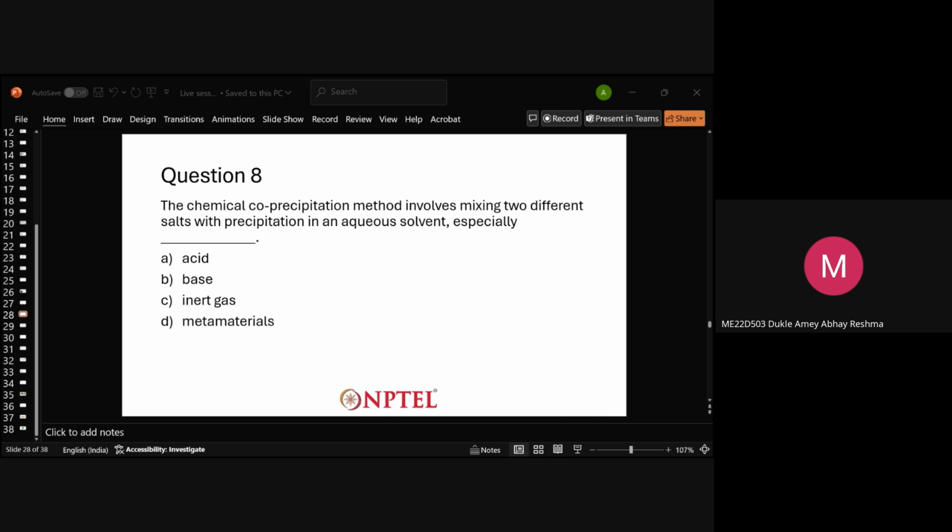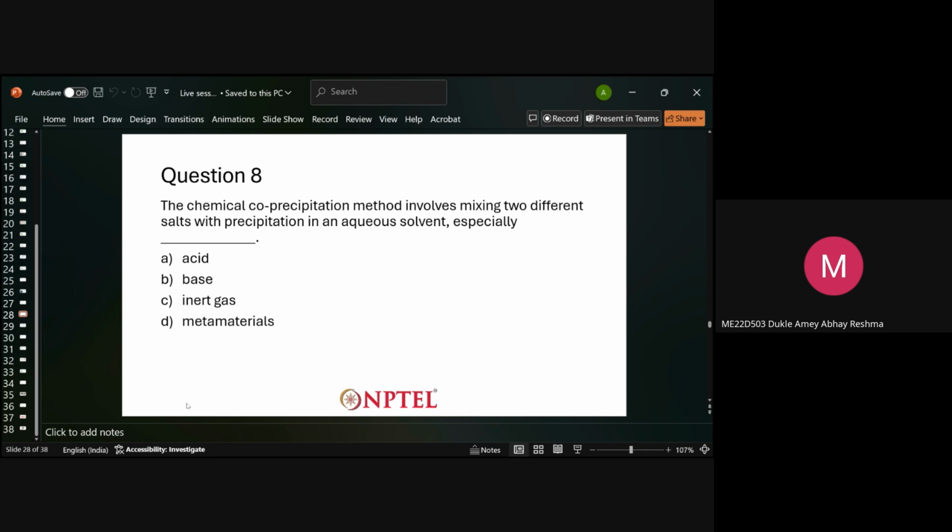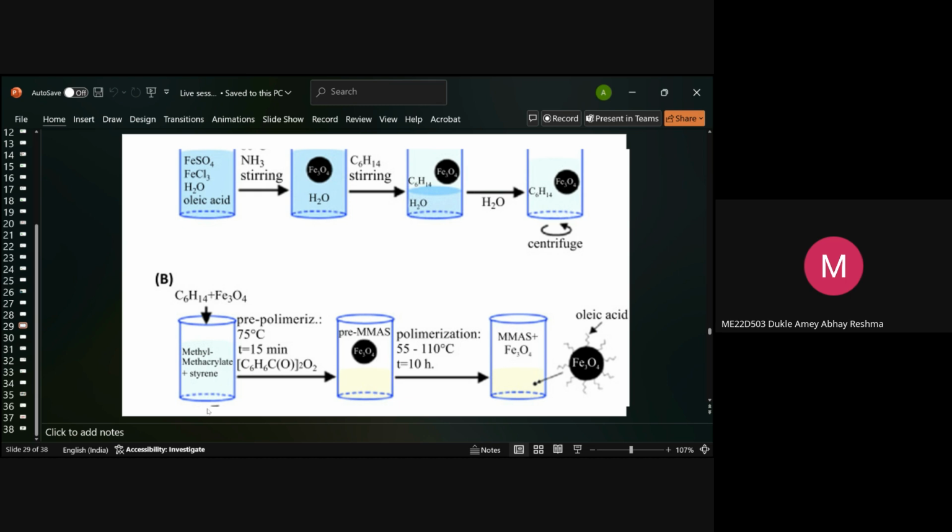So what medium do you think will be used in this process? The solvent is usually a base. Here is one example. You are making a solution and then adding ammonia. This is a process for getting magnetic nanoparticles. You are putting in the two salts, using water, and using oleic acid to slow down the process.